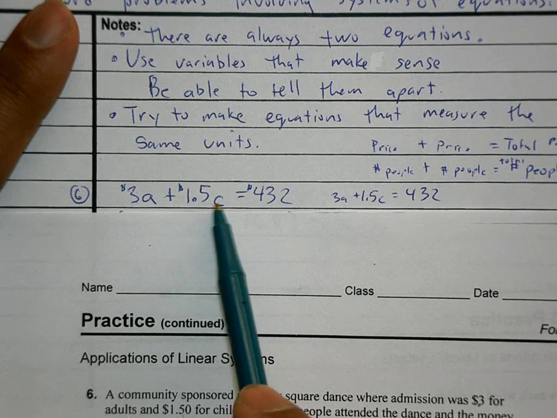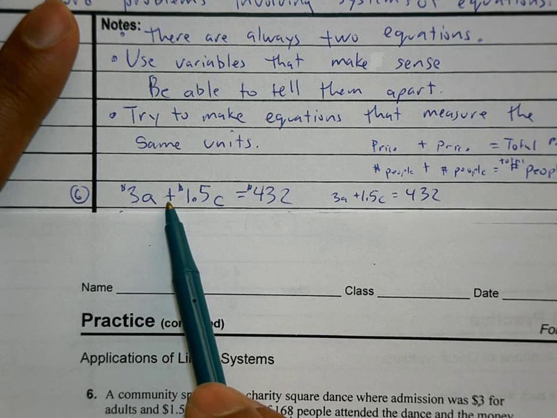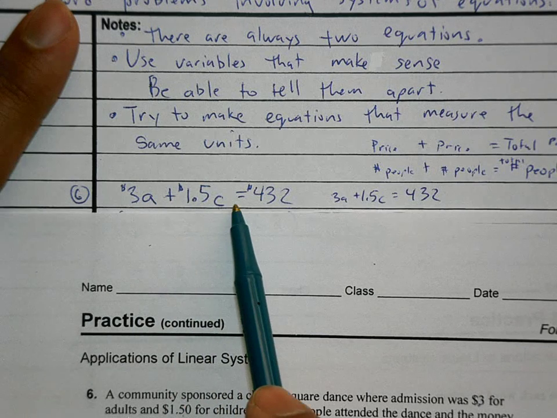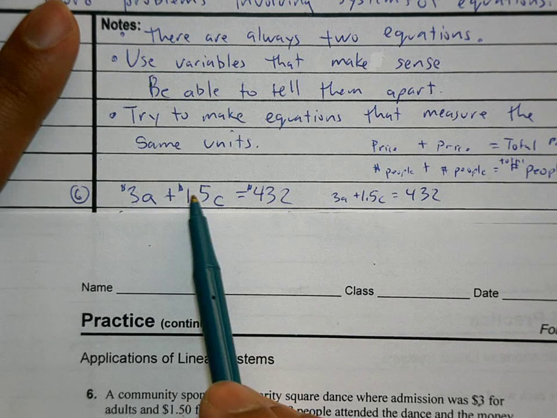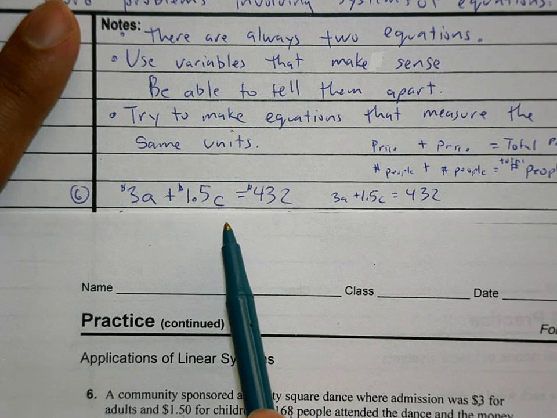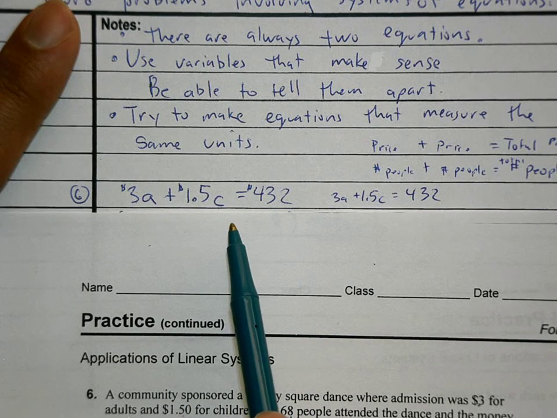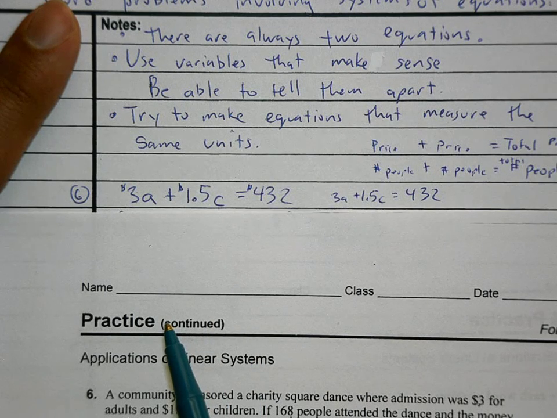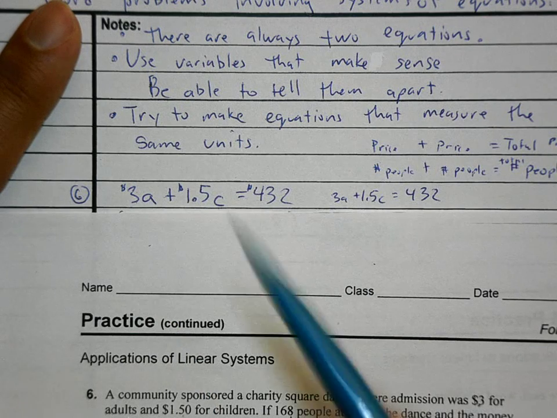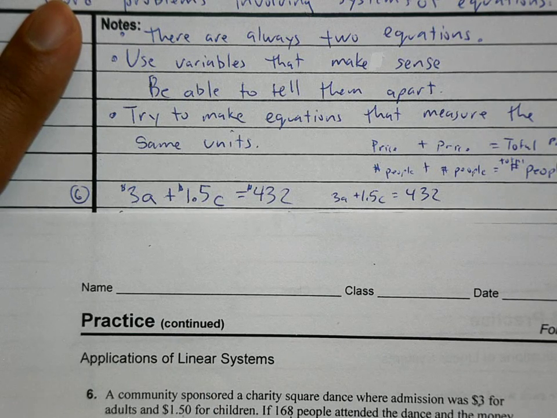Yeah, that's better. $3 per adult plus $1.50 per child will equal a total price of $432 dollars. They are the same units. That's your first equation. Your first equation deals with something that has the same units.